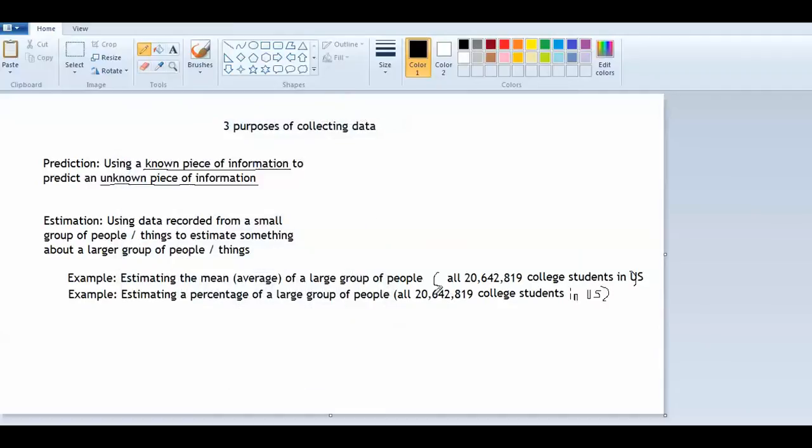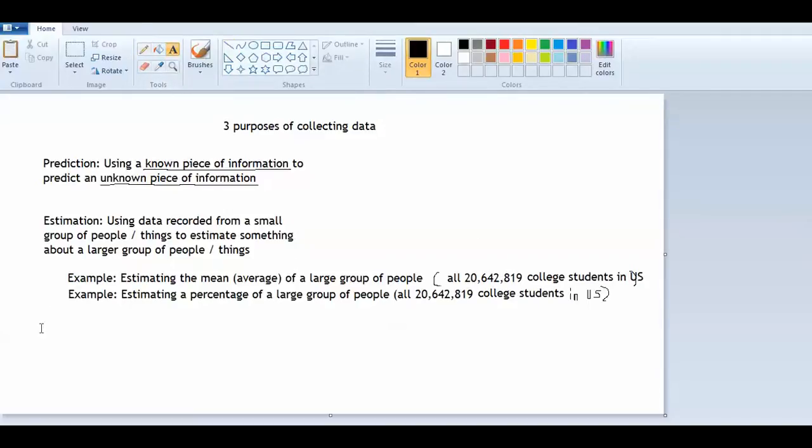But our 50% outcome could at least hopefully give us a rough idea of what percentage of all of these college students live with their parents. So once again, we're using data from a small group of college students to estimate something about the larger group that they come from, which in this case is all college students in the US.